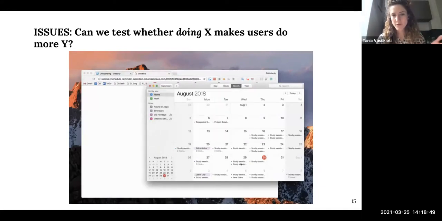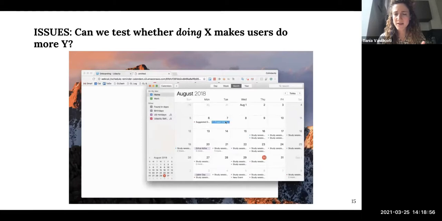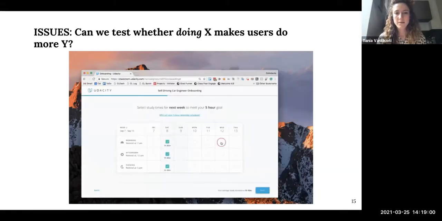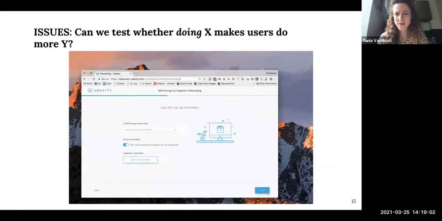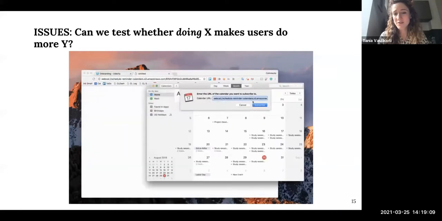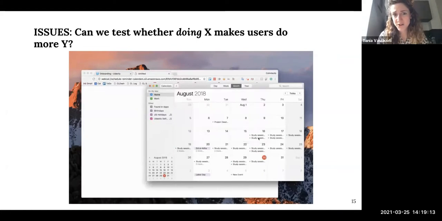When I signed up for a course in Udacity, it gives me this option to create a calendar reminder. I think it just sends me an SMS or an email or something like that. So I choose which days I want to study, for how long, etc. So one could be tempted to make this hypothesis to say users who set up a reminder to learn return to Udacity more often.